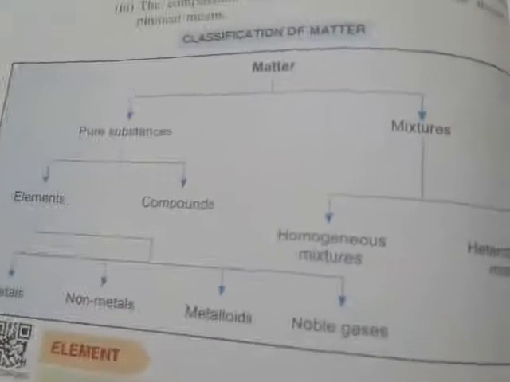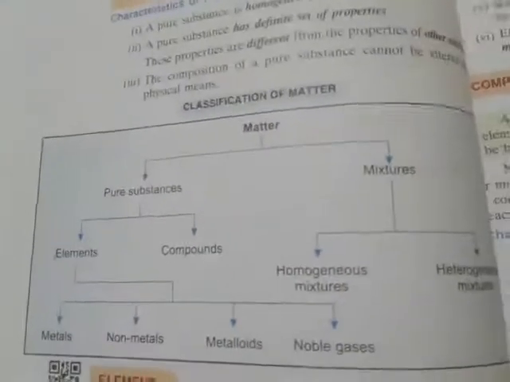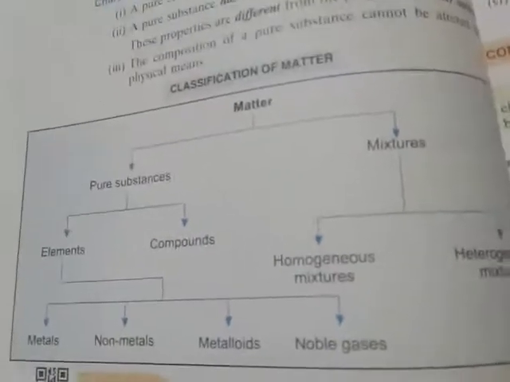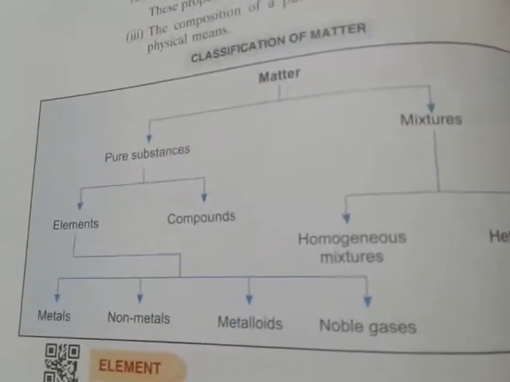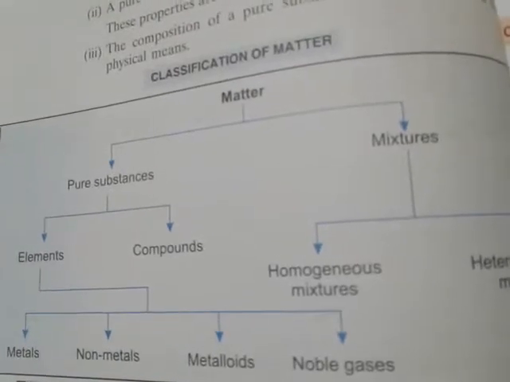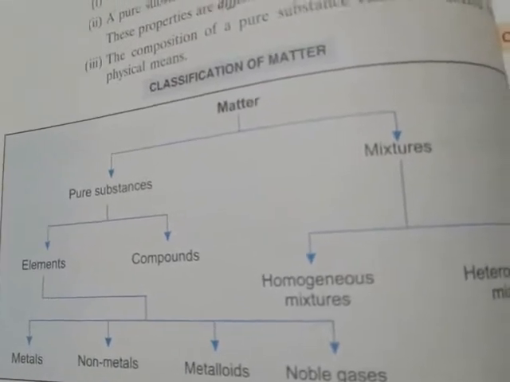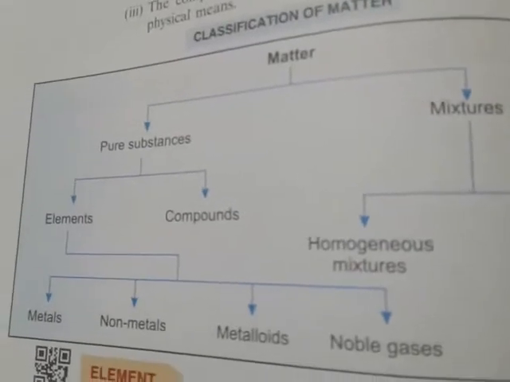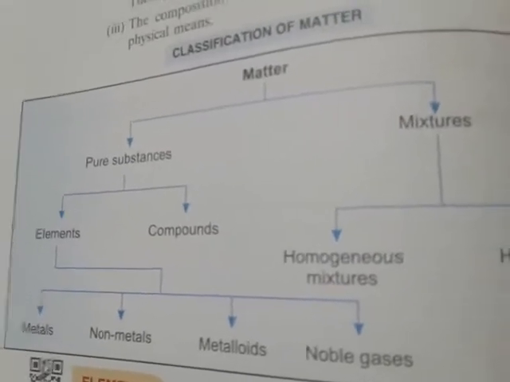Now coming to the classification of matter. Matter can be broadly classified into two categories: one is pure substance and another is mixtures. Pure substance is also classified into two categories: element and compound. Mixtures are also categorized into two, homogeneous and heterogeneous. And elements are classified into metals, non-metals, metalloids and noble gases.